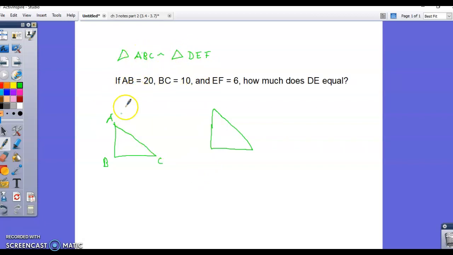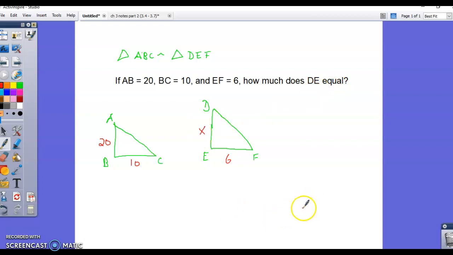So I have A, B, C, D, E, F. So now the picture's coming together. So now I can label my sides of what they give me. So I have AB is 20, BC is 10, I have EF is 6, DE I don't know. That's our unknown. I'm going to call that an X.